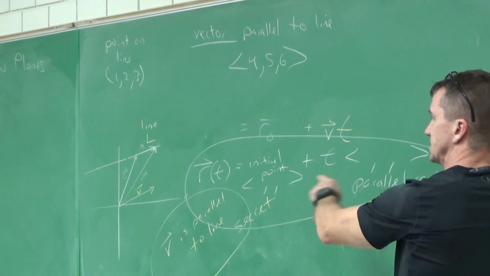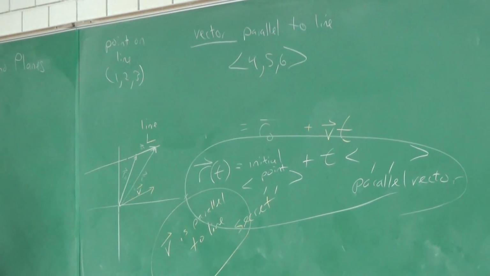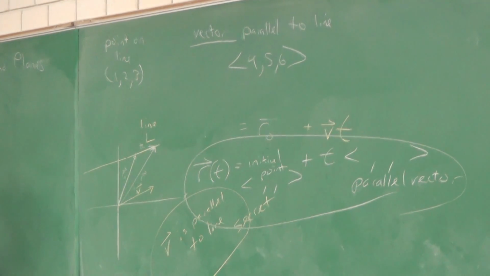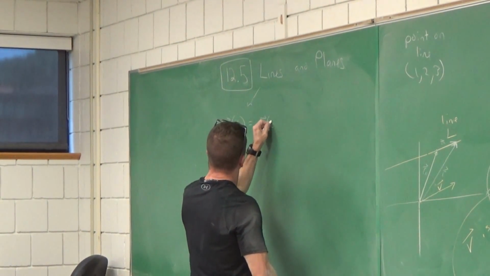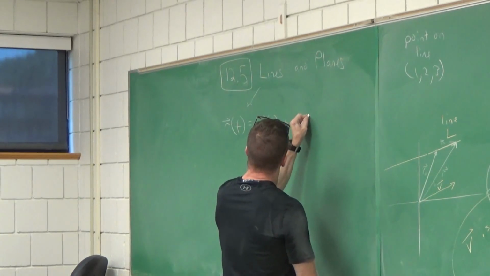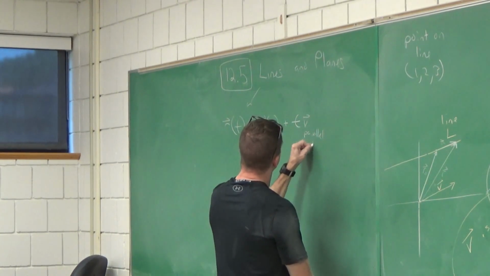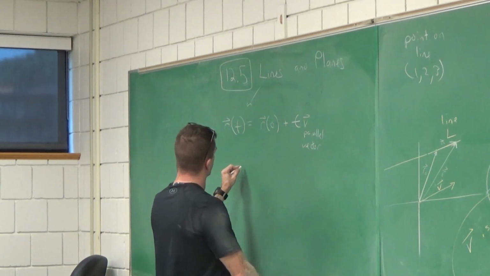We don't have to write it as a vector, but if you want, you can. For lines, you could say r of t equals r sub 0 plus t times vector v parallel vector.